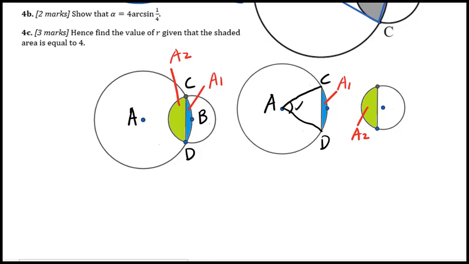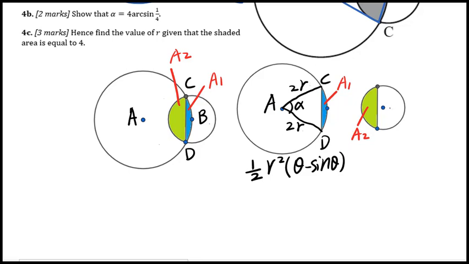This will be alpha. We can use the formula 1/2 r squared times theta minus sin theta to figure out this A1. Remember, this is 2r, here is 2r.